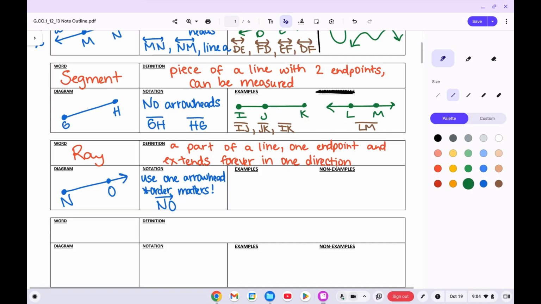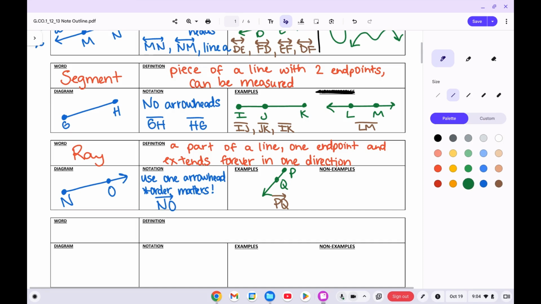Okay, so let me draw you another example here. How would you guys name that ray? Good. Make sure you said PQ. You have to start at P because that's the endpoint, and you go towards the arrowhead, so you're going to hit the Q on your way.